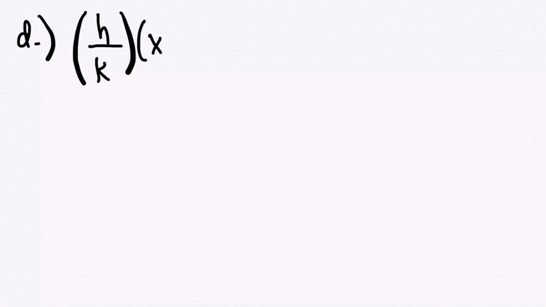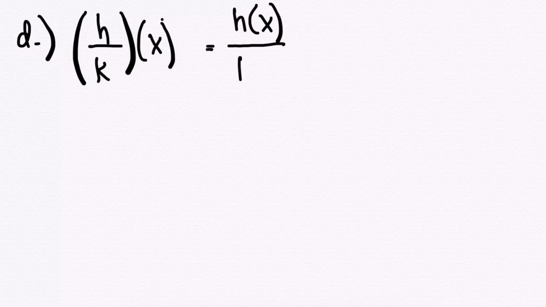Okay, letter D. H divided by k of x. H divided by k of x is equal to h of x divided by k of x. Again, replace the two functions.